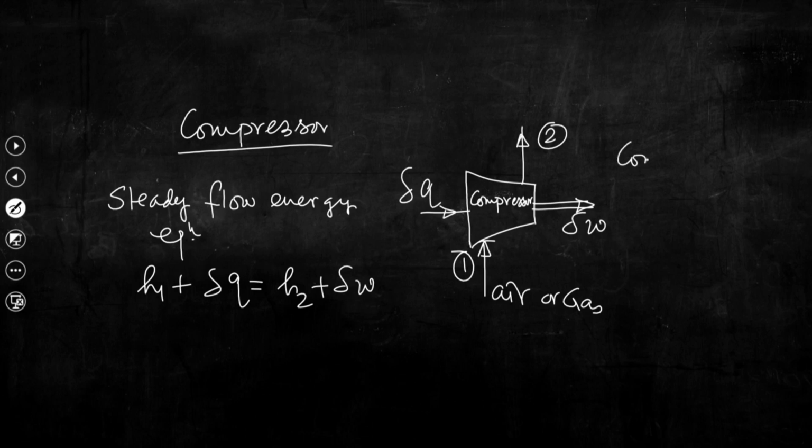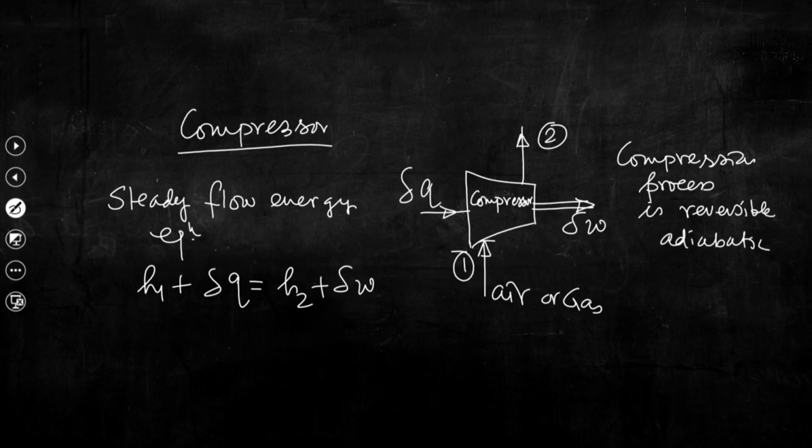So, the compression process is reversible adiabatic, right. Compression process is reversible adiabatic. So, if it is an adiabatic process, we are not allowing any heat exchange to take place from the working fluid to the surroundings, or we are ensuring that there will be no heat flow from the working fluid into the surroundings.